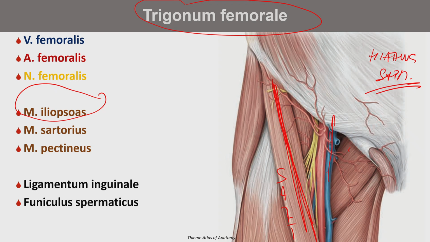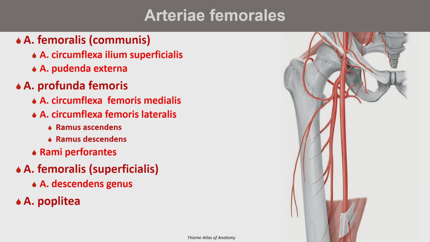And when you feel the pulsation of the femoral artery, on the medial edge of it, you can hit the vein with a needle. So it is a very important space to understand how those structures are organized.